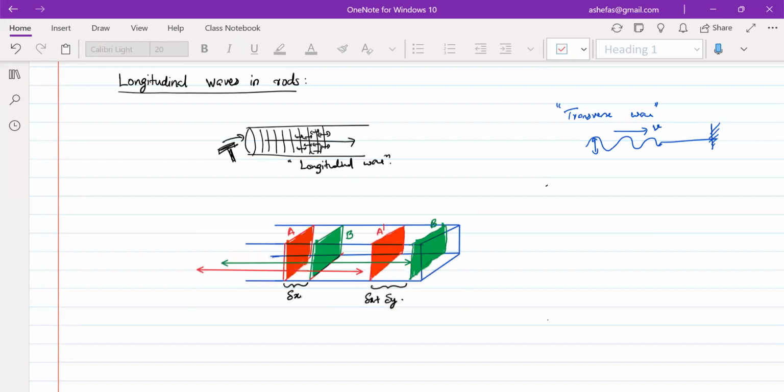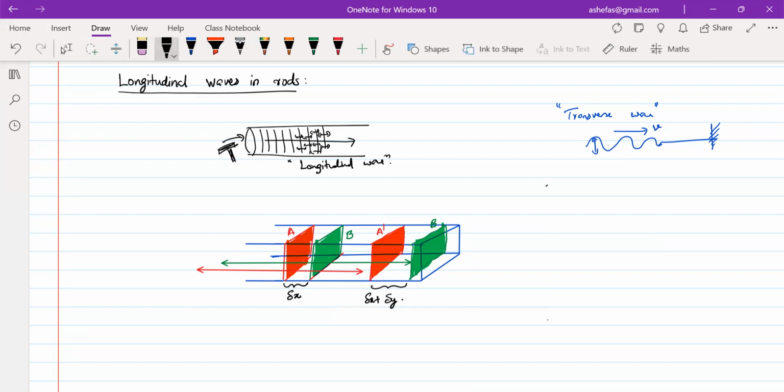This blue color is our rod, and we'll consider different planes in this rod. Suppose this red shaded region represents a single plane, and this green shaded region is another plane. So A and B are two equilibrium planes.